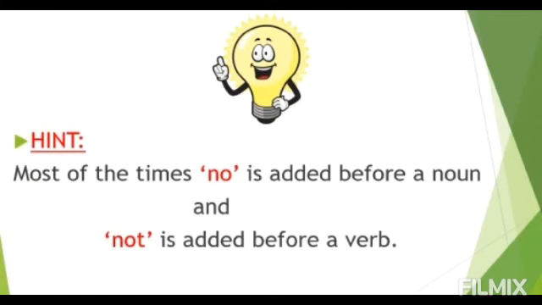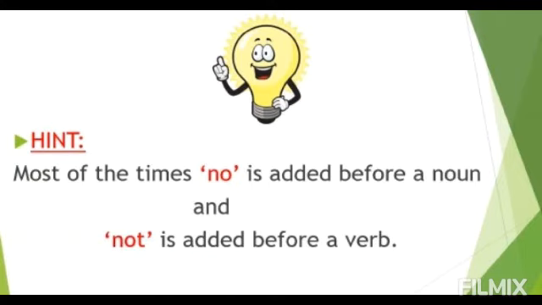Let us see. No is added before the noun and not is added before the verb. If the sentence has a verb alone, we can add not there. If the sentence has a noun, a subject, or an object after the verb, we can add no there.